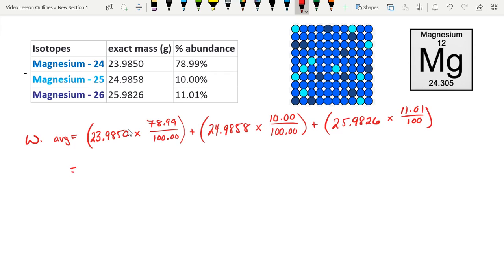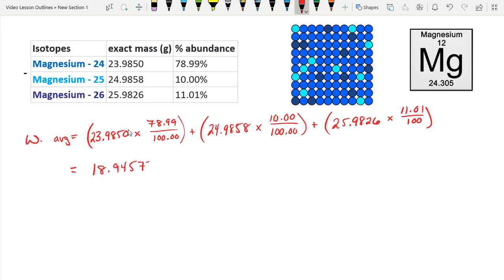So here again, we're going to solve this by getting 3 different pieces. And the reason we're doing that is because here we're taking multiplication and division and addition and subtraction rules for sig figs, and we need to apply all of them to this problem. So the first thing I'm going to do is multiply the first value times its weight divided by 100.00.